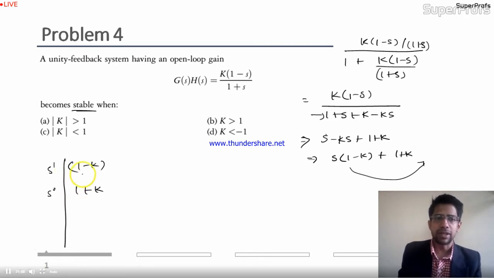So that means 1 minus K should be greater than 0 and 1 plus K should be greater than 0, or both of them should be less than 0.